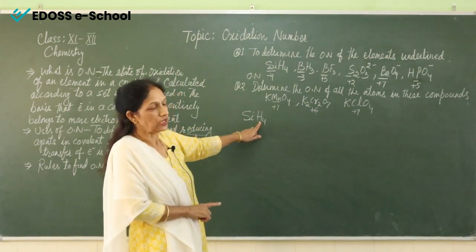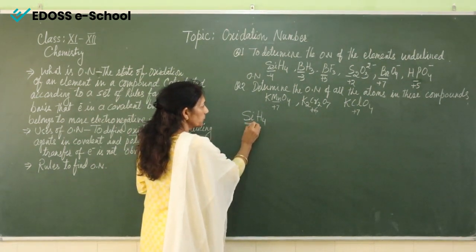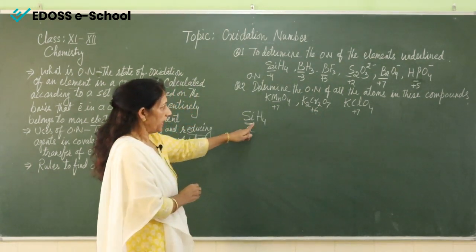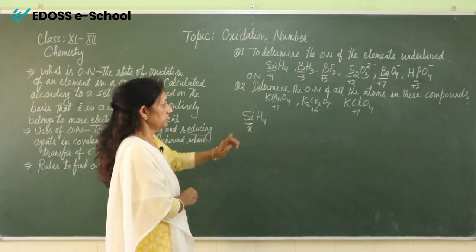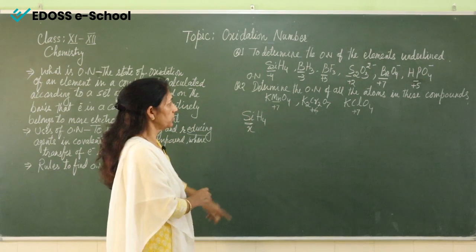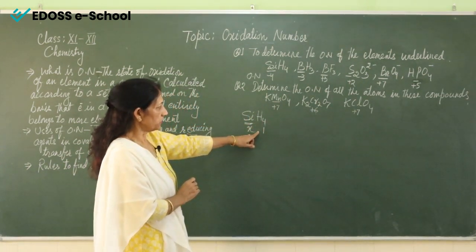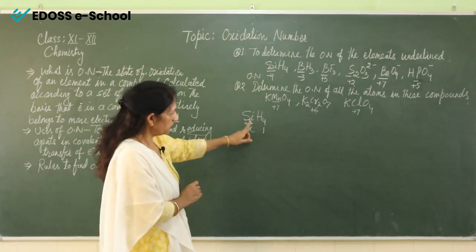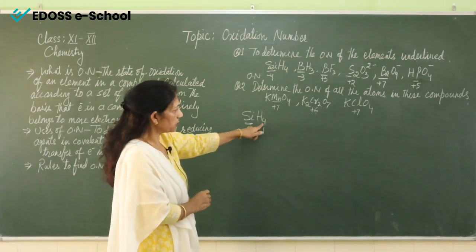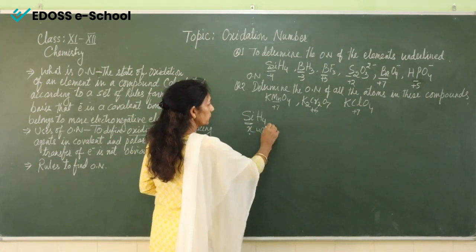We have to find the oxidation number of silicon, so we will consider this as X, and hydrogen has oxidation number plus 1. Because the number of hydrogen atoms is 4 here, we will have to multiply this by 4.